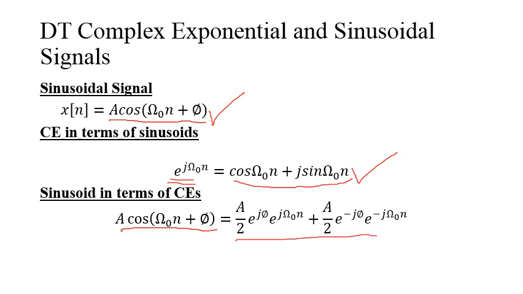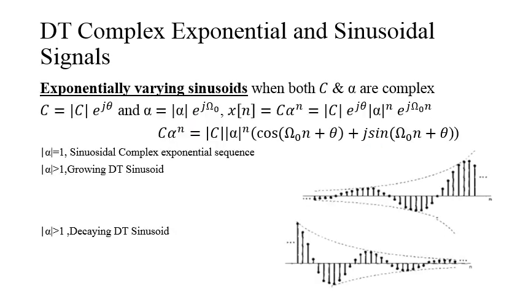Then the fourth case that we studied for the continuous time was when both C and alpha are complex. So you understand, when alpha equals 1, in that case, C is just the scaling factor.